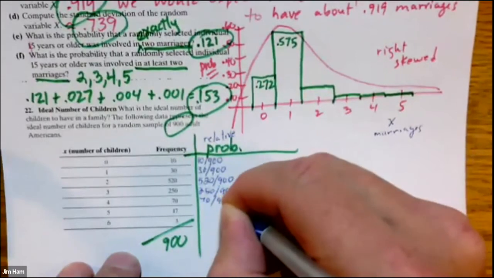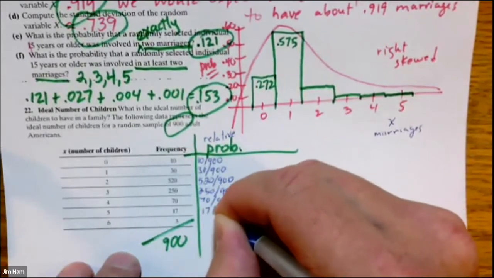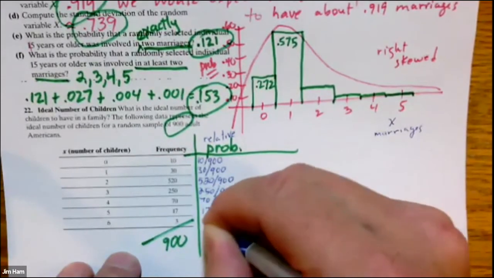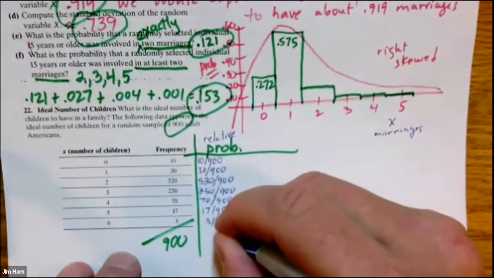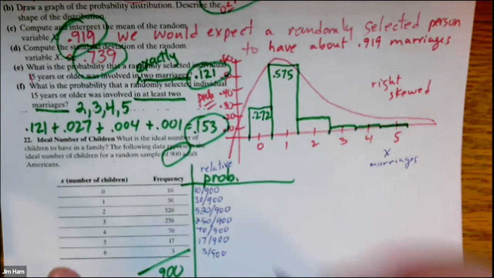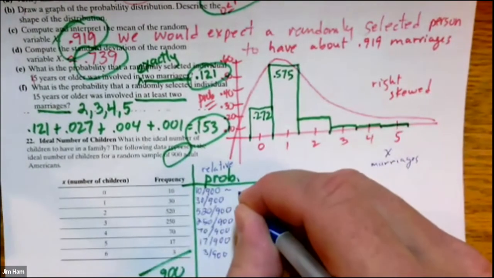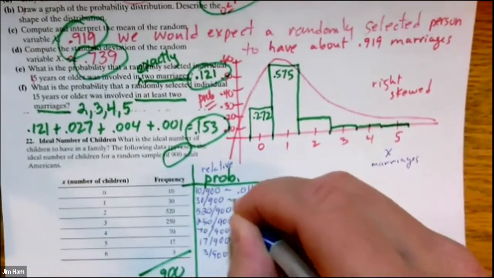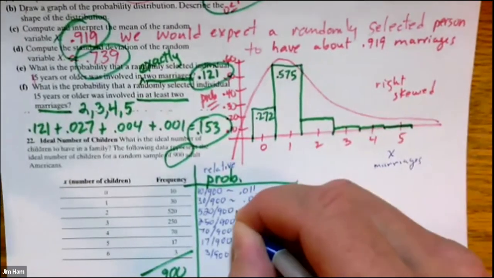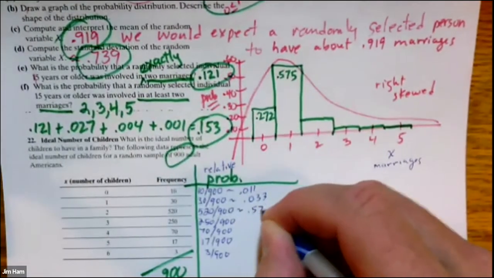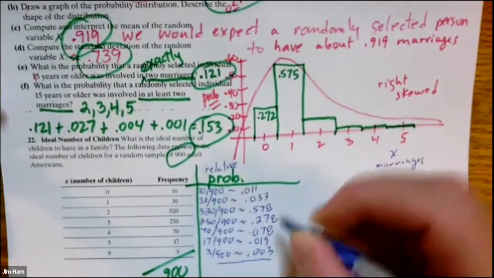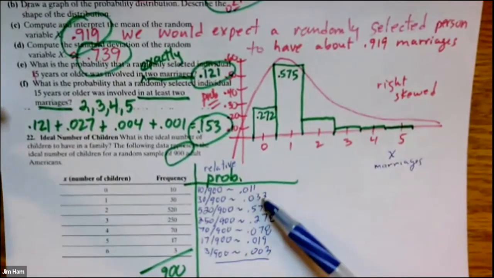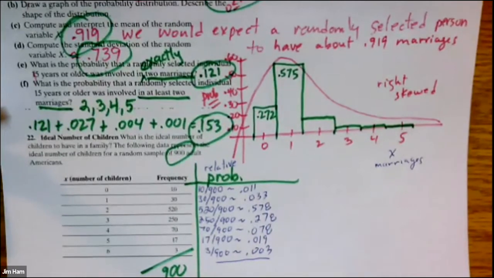Decimals are more meaningful in this context than are these rounded, or these fractions, reduced or otherwise. All right, well, this one is about 0.011, this one's about 0.033, this one is about 0.578, and so on. But there you can see, all of these probabilities are between 0 and 1.